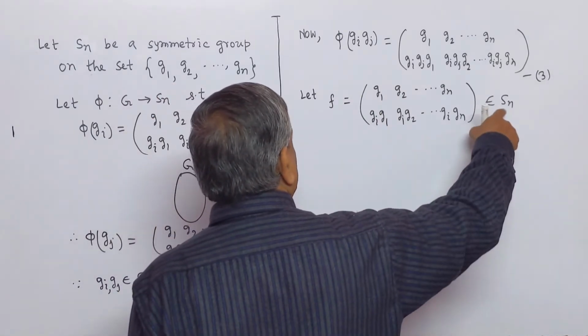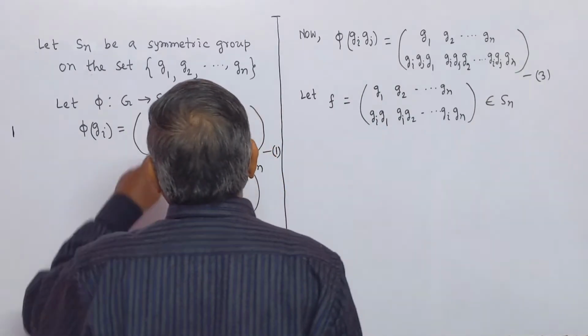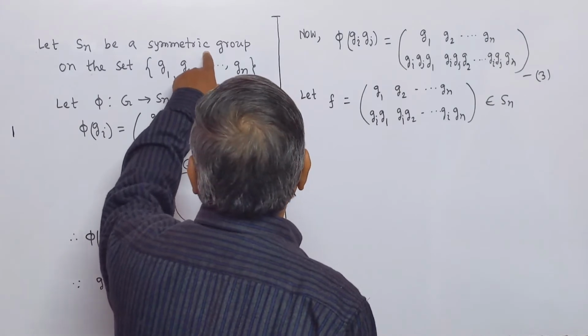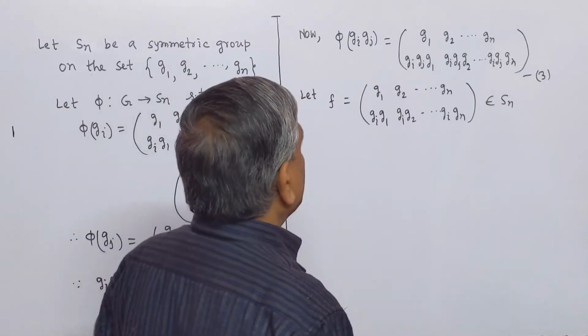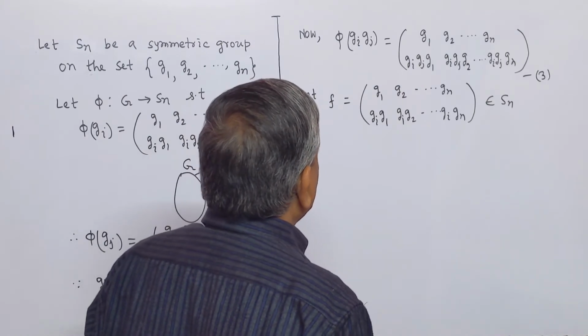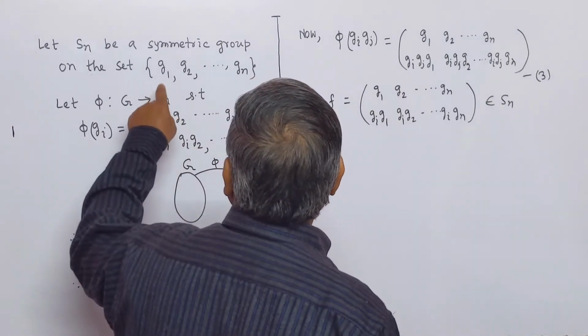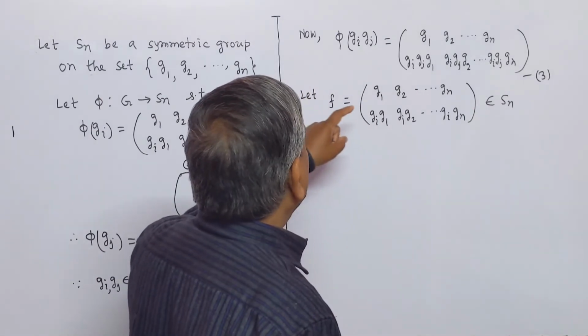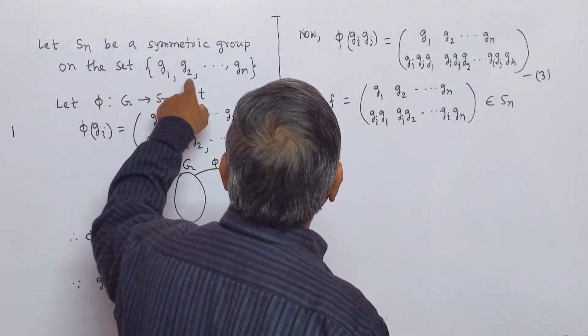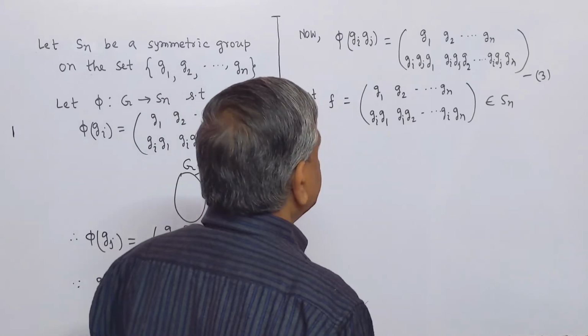Since Sn is the symmetric group defined on the set g1, g2, ..., gn, each element of Sn will be a permutation defined on this set.